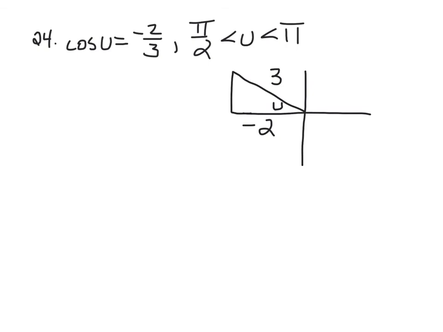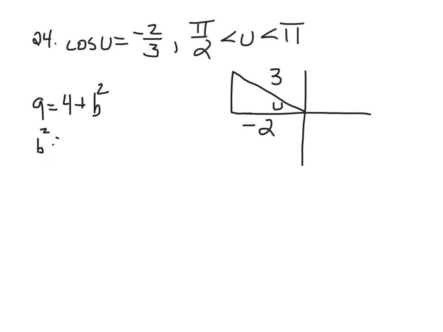And then we have to do the Pythagorean theorem to find the missing side, because we're going to need that for the sines and also the tangent. So then we would have 9 equals 4 plus b squared.